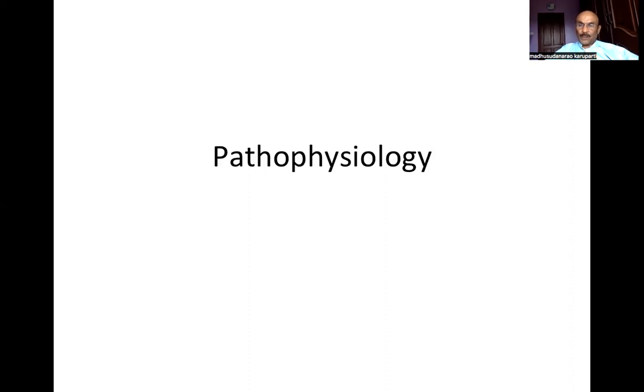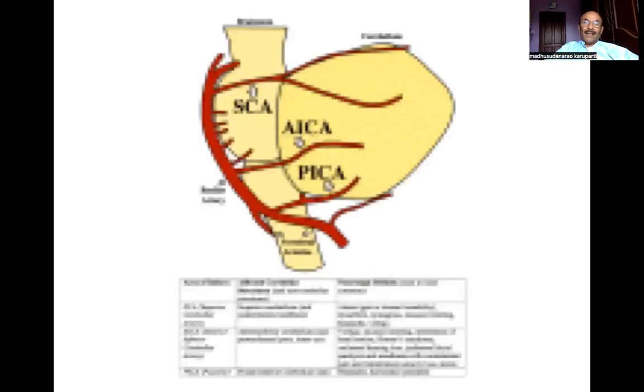Coming to pathophysiology, we relate the various symptomatology of vascular lesions and their presentation. This picture shows the cerebellum and its arterial supply. It is supplied by the posterior inferior cerebellar artery, anterior inferior cerebellar artery, and superior cerebellar artery.